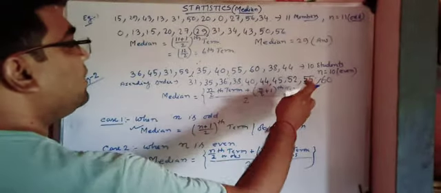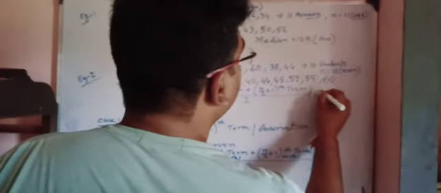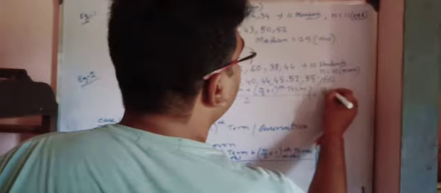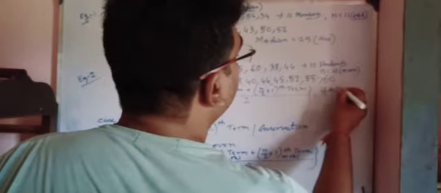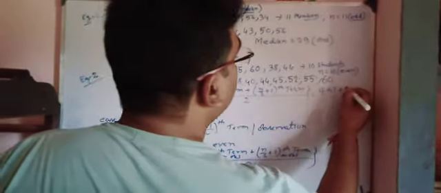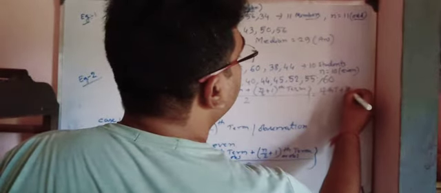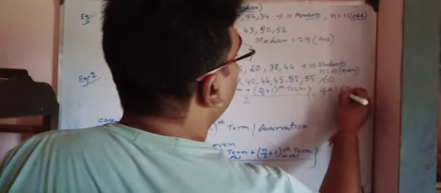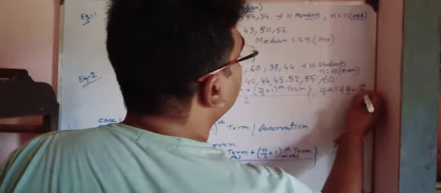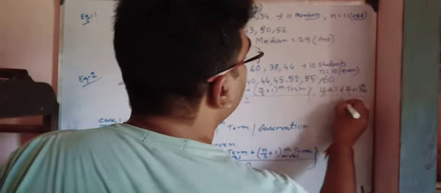Now, what is my n by 2's term? Here the value of n is equal to 10. That means 10 by 2's term plus 10 by 2 plus 1's term, divided by 2.